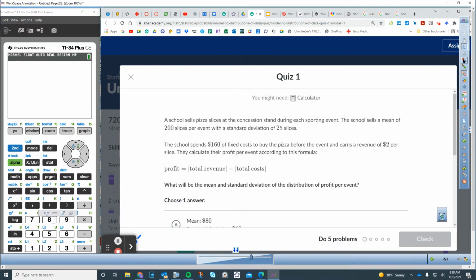So we need to use this idea: would the standard deviation change for the profit? We found the mean profit to be $240, but would the standard deviation change?